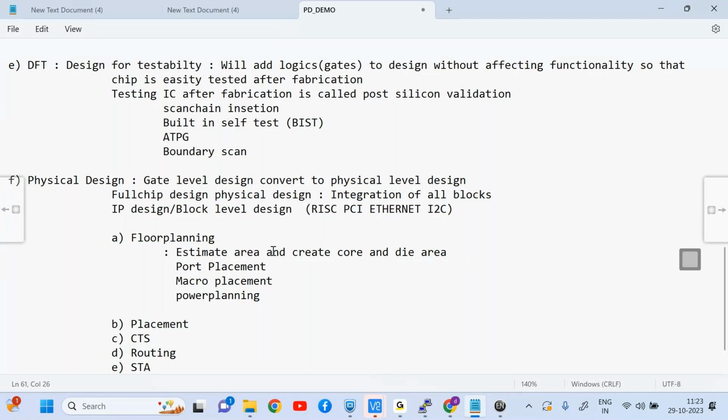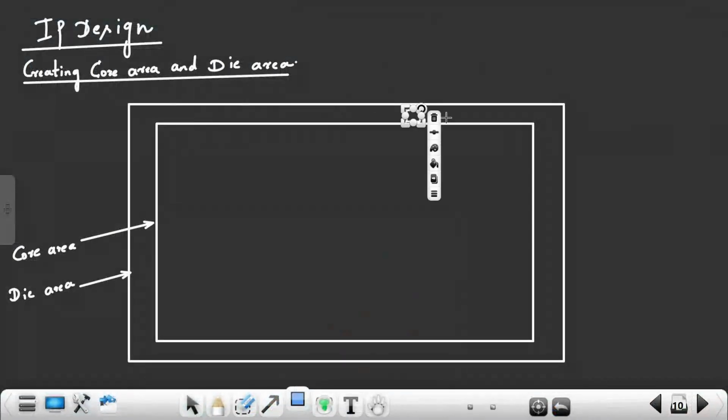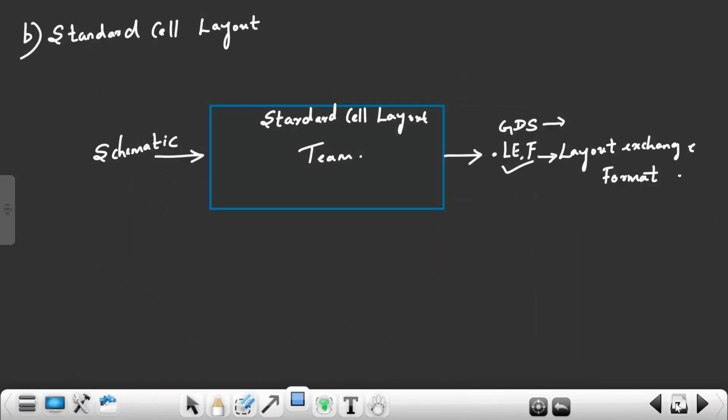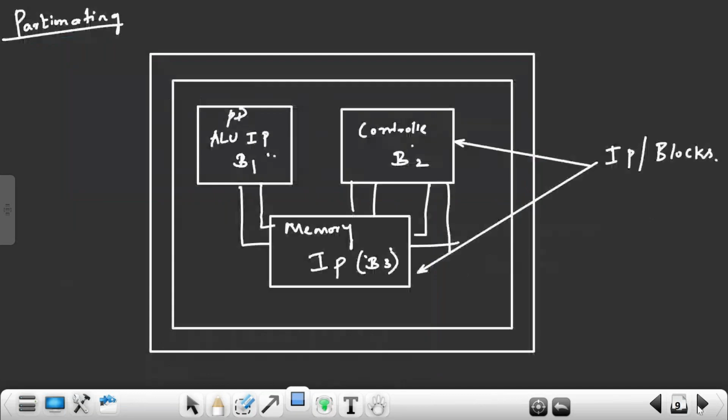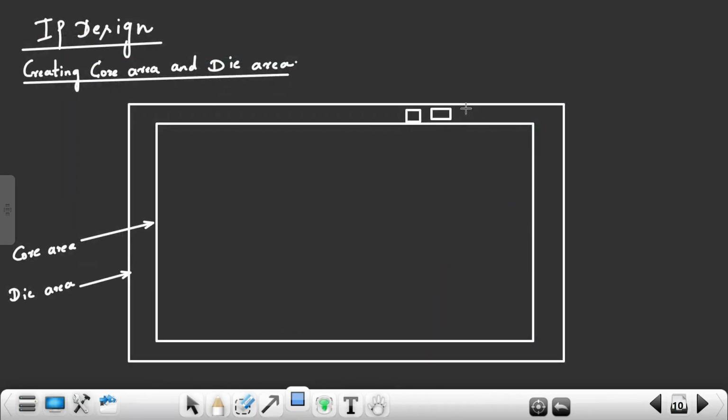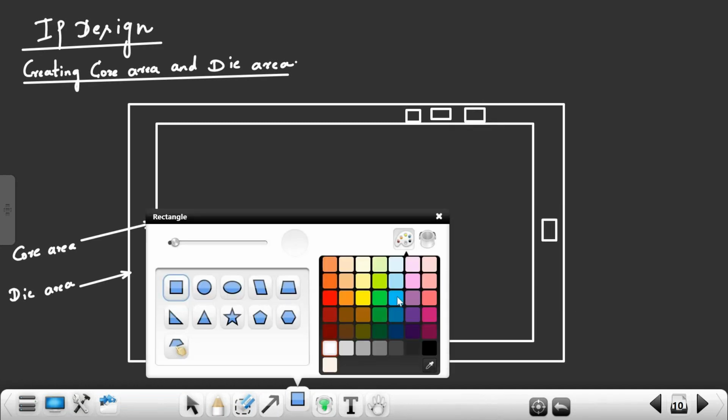Port placement means placing the ports. Ports are nothing but the inputs and outputs of the design. What are the ports here? In this netlist, A, B, C are input ports and Y is the output port for this block. So place those ports. Here this is a logical description. Physically, these ports will convert into metal layers. So ports are nothing but metal layers. You place the A, B, C ports here and the Y port here. Ports are just a metal layer.